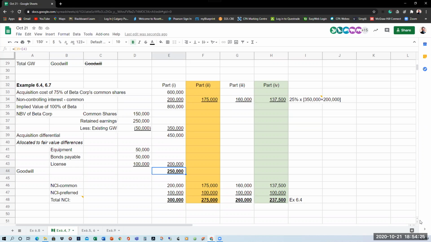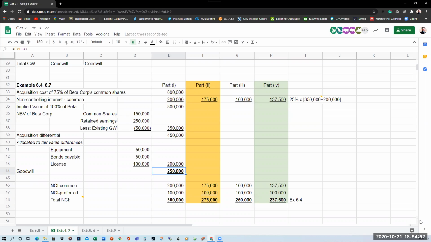These are all total values. And why am I taking total? When I was doing investments in associates, I was multiplying everything by the investor's share. When we did joint ventures, we were multiplying by the venturer's share. Here, though, the acquisition results in 100% control. So Alpha Limited is in control of all of Beta.